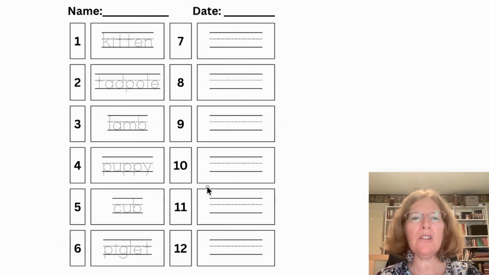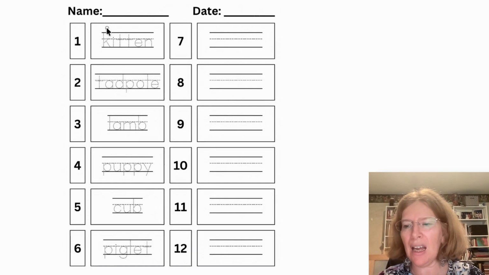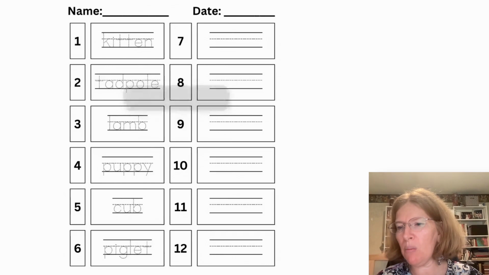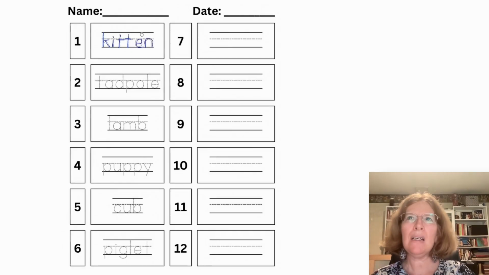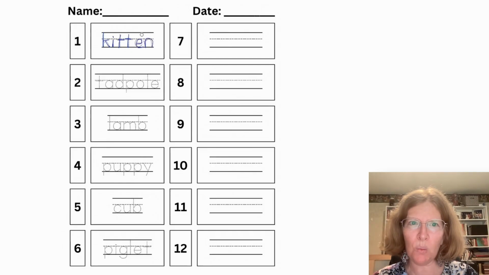Now, we're going to trace the word, and I want you to sound it out as we write the letter K. Now remember, they already know the single letter phonograms. K, I, T, T, A, N. Now, how many vowels in this word?